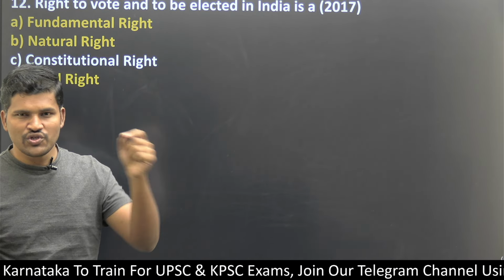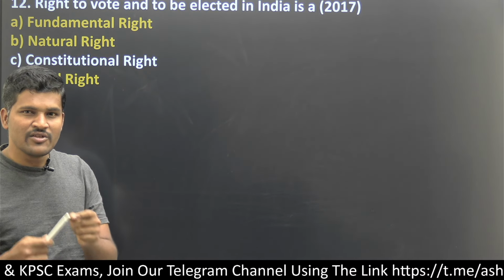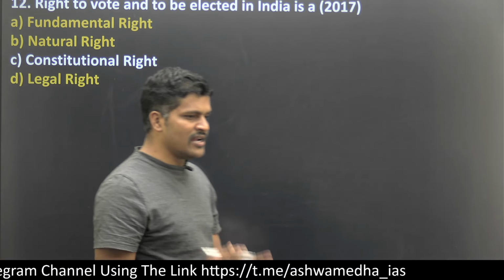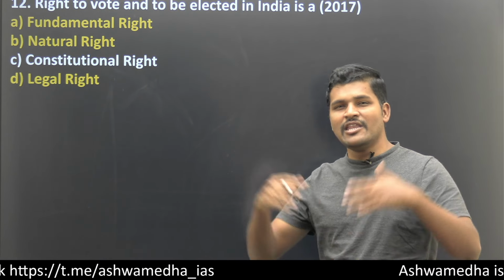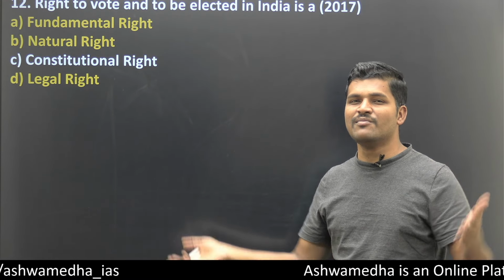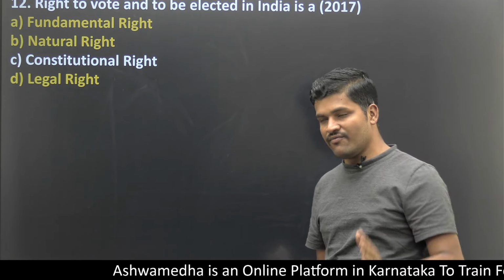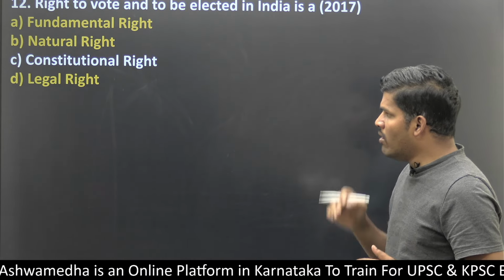Legal right means rights which are present in the rules, laws, and regulations. The fundamental rights are the rights which are mentioned only in the fundamental rights. The natural rights means any human rights which are not mentioned in the constitution, rules, regulations, and formulation. Yes, the right to vote is mentioned in the constitution.